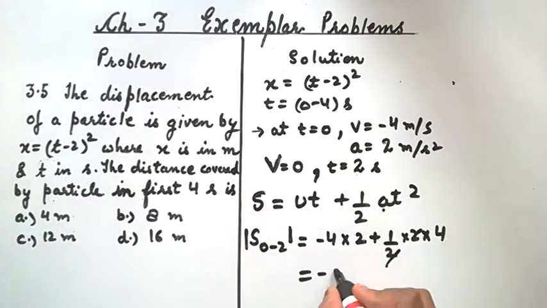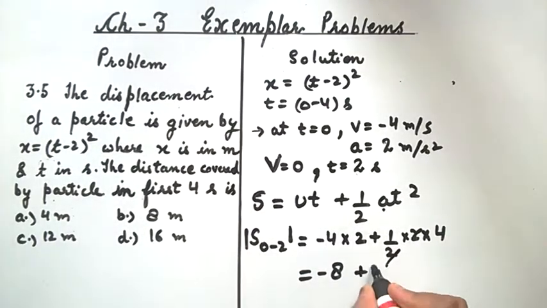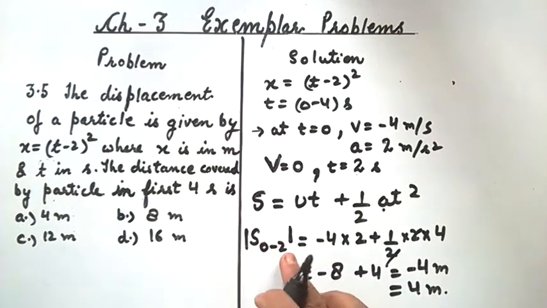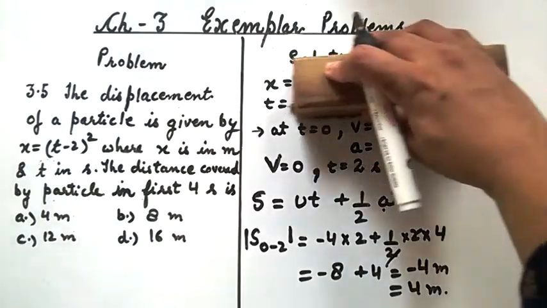Thus the distance covered is 4 meter, because we are considering its magnitude only. So the distance during the time interval 0 to 2 is 4 meter.